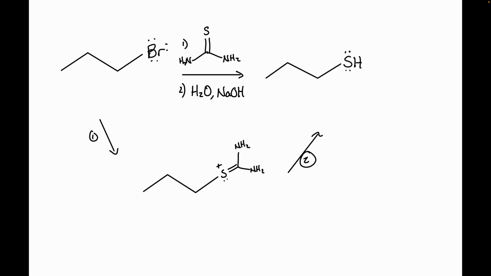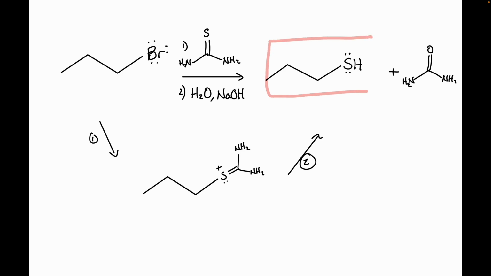And you get your thiol product as well as regular old urea, which is technically an organic molecule, but nonetheless, when we're talking about our reaction, we're going to focus on just that thiol product. I don't care about the urea that's produced.